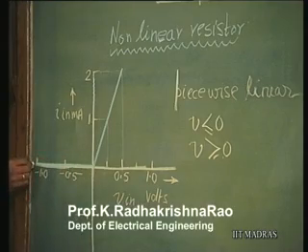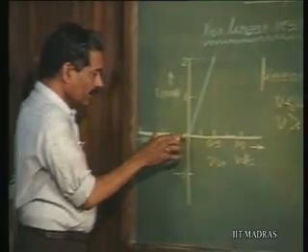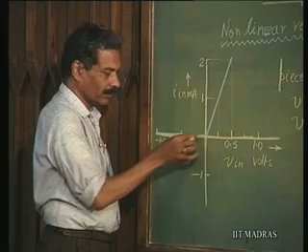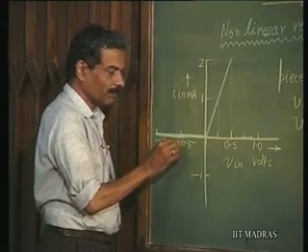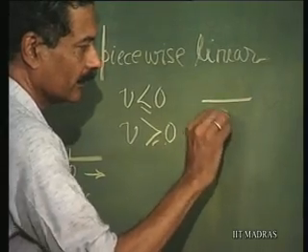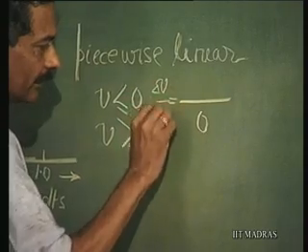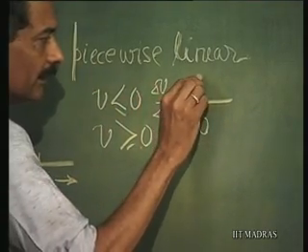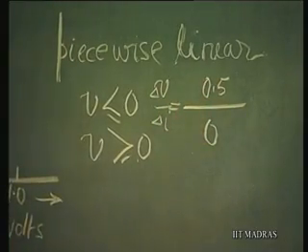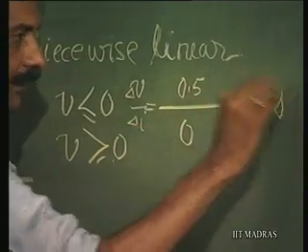Whatever change in voltage I take, let us say 0 to minus 0.5, the current is going to be 0. So, delta V by delta I is going to be something finite, maybe 0.5, divided by change in current, which is 0. So, the resistance is infinity.